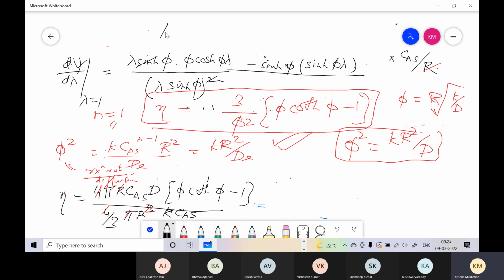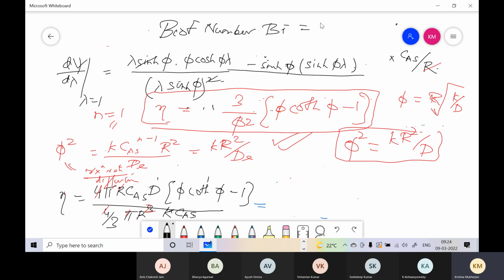I hope you have heard of something called the Biot number. Have you heard of the Biot number, Bi? It is external diffusion upon internal diffusion, when both are present. I'm going to write the Biot number. I don't remember, what was it?